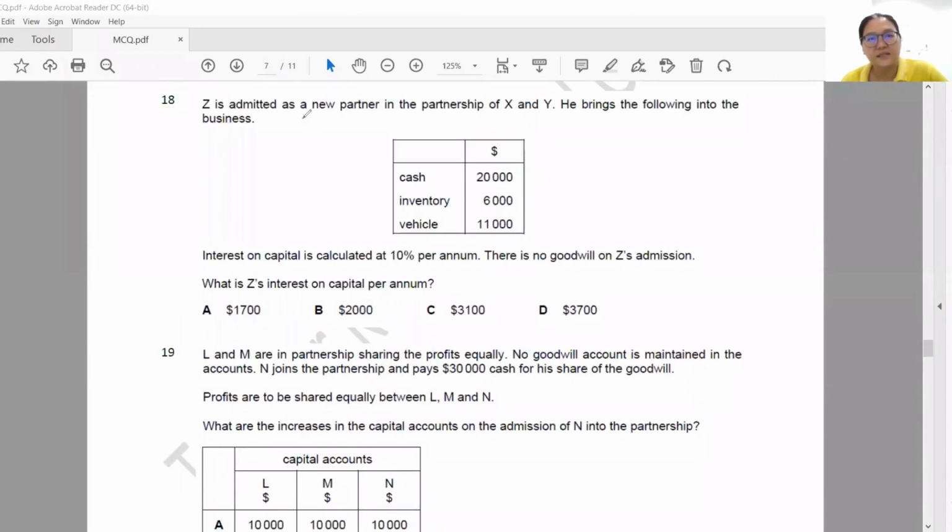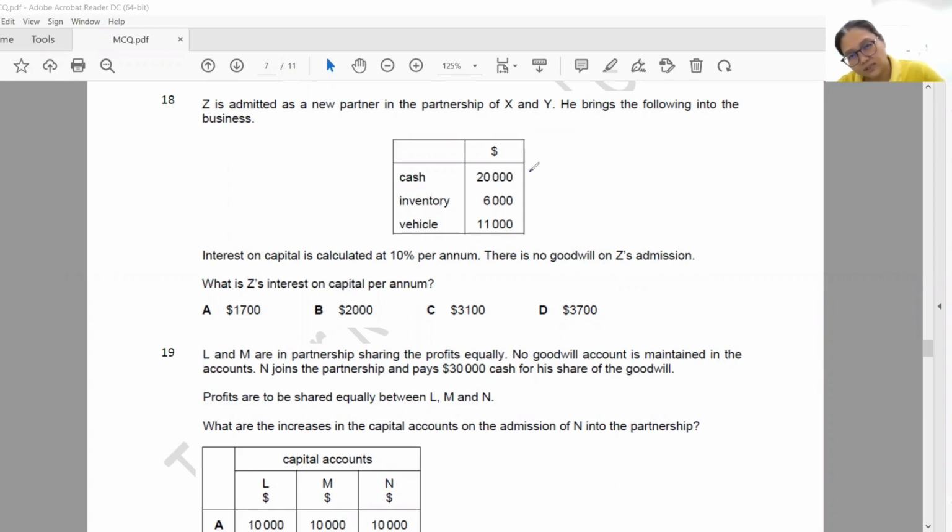Z is admitted as a new partner in the partnership of X and Y. He brings the following into the business. Interest on capital is calculated at 10% per annum. There is no goodwill on Z's admission. So what is the interest on capital per annum?